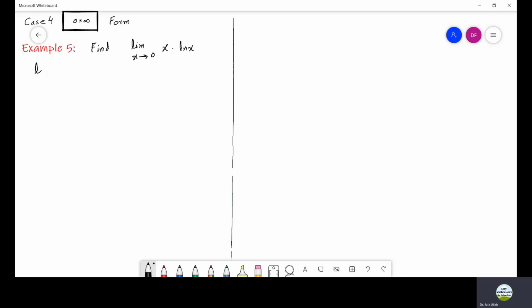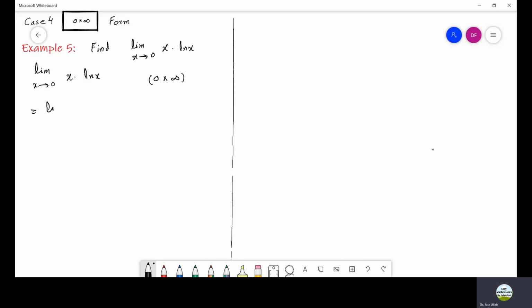Here we have the limit as x approaches 0 of x into ln x. If we plug in x is equal to 0, we get 0 into infinity form because log 0 is infinity.